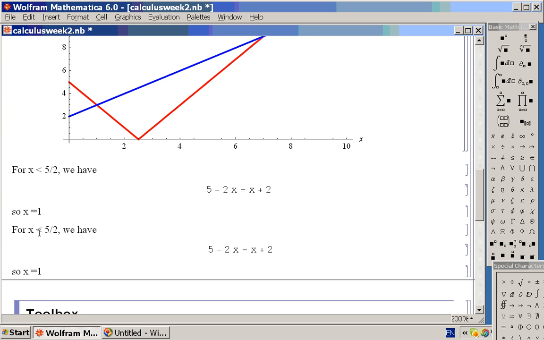So for x greater than 5 over 2, we'll have 2x minus 5 equal to x minus 2. And so if we move the 5 over here, then add it to 2, that becomes 7. And if we move the x across to here, then it'll be 2x minus 1x, which is x, and so we'll have x equals 7.